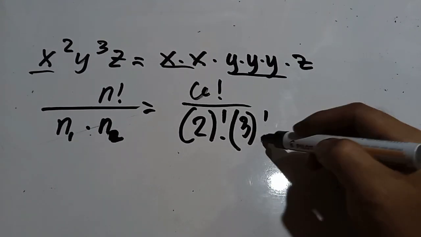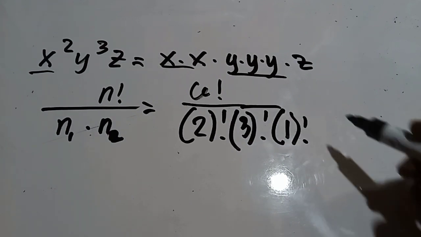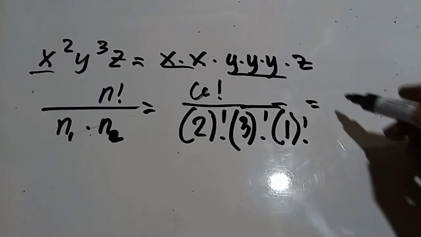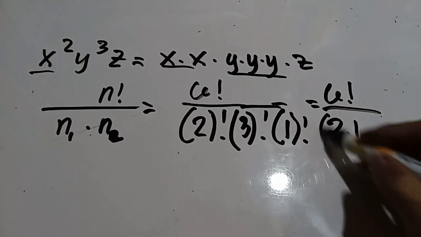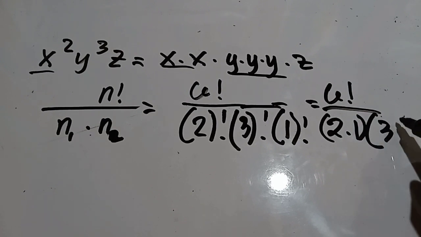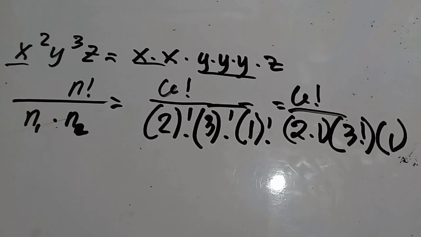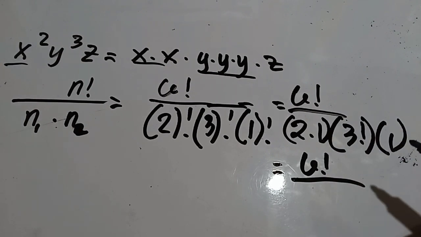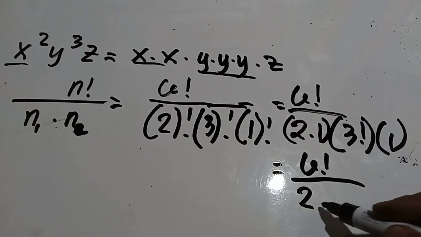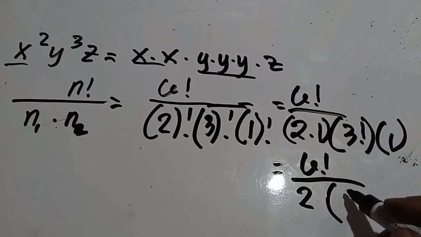Next is one. Copy the 6 permutation over 2 permutation times 3 permutation times 1. Multiply first: 2 times 1, followed by 3 permutation times 1. Then 2 times 1 is 2, and 3 permutation.